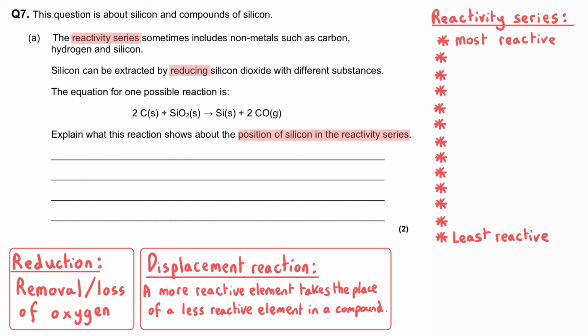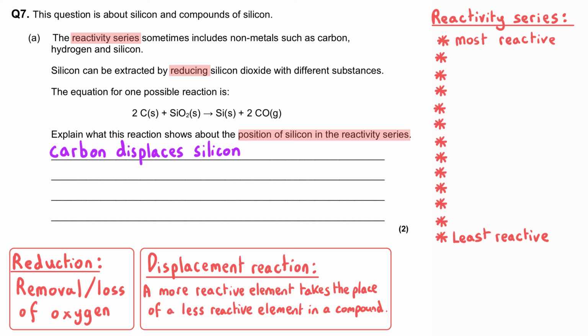And you can see from the equation that we've been given at the beginning, the silicon dioxide is silicon bonded with oxygen, but at the end it is converted into silicon by itself. So it has had the oxygen removed, it has been reduced. And the carbon must be the reducing agent because at the beginning it is by itself, but at the end it has got the oxygen that it has removed from the silicon. And what this is proving is that the carbon is displacing the silicon from the silicon dioxide.